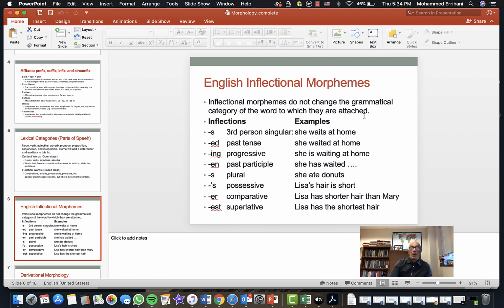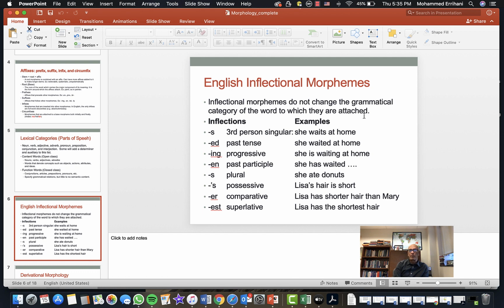Now, we talked about two types of morphemes. We have free morphemes and bound morphemes. Free morphemes are words that can stand on their own, such as boy, that's a free morpheme, or but, it's a free morpheme. But if you have boy and you add an S to it, then it becomes a word that consists of two morphemes.